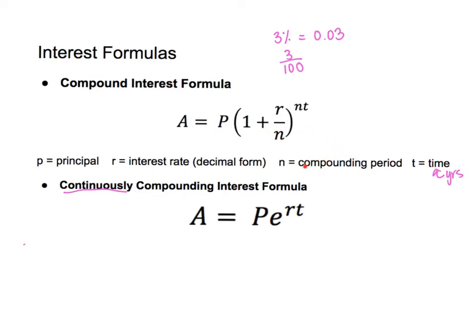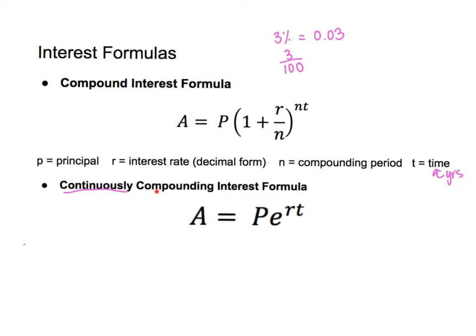So that means I'm charging interest once a year. If I'm compounding weekly, that means I'm charging interest 52 times a year, because there's 52 weeks in a year. So N is 52. So N will change depending on how often you're compounding.